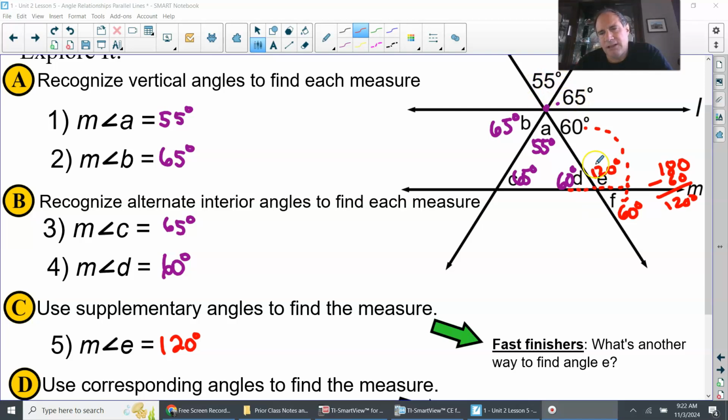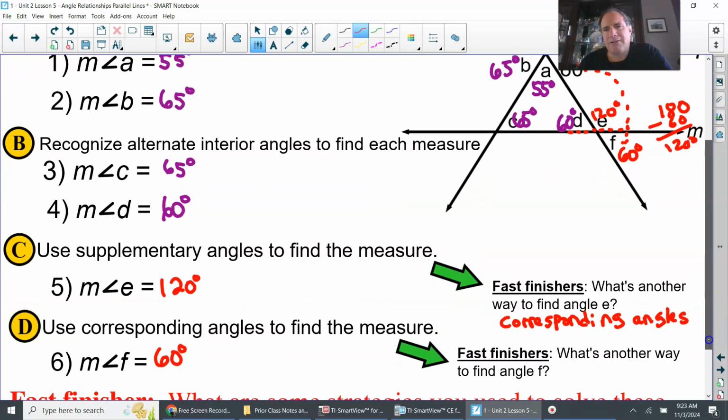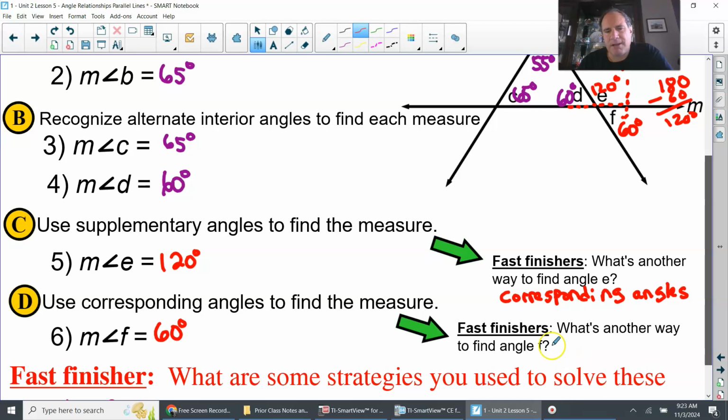So you could find corresponding angles as well. And then is there another way to find angle F? Yes, we already mentioned that, vertical to D.